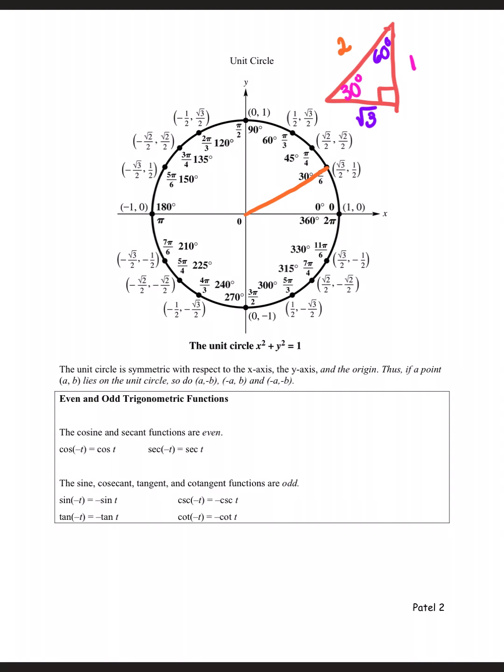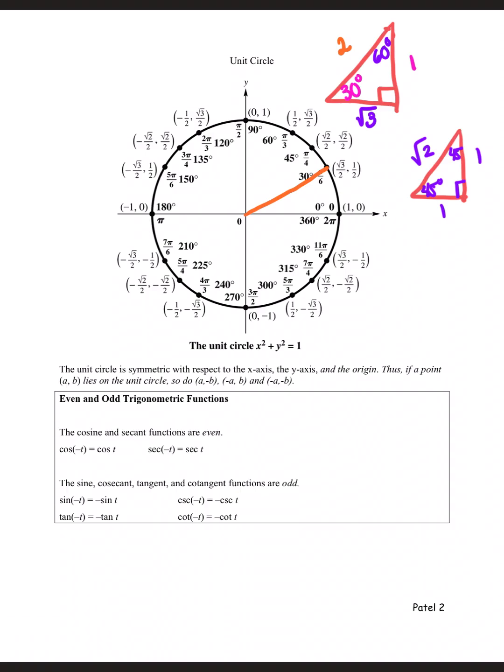And for the 45, 45, 90 triangle, we know that the lengths across from the 45 degrees, or opposite, are 1s, and my hypotenuse is square root of 2.